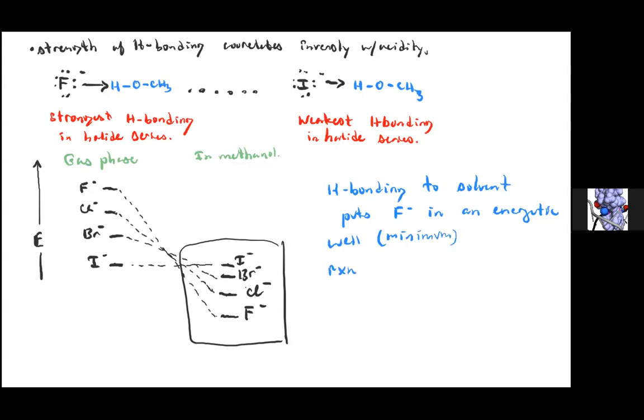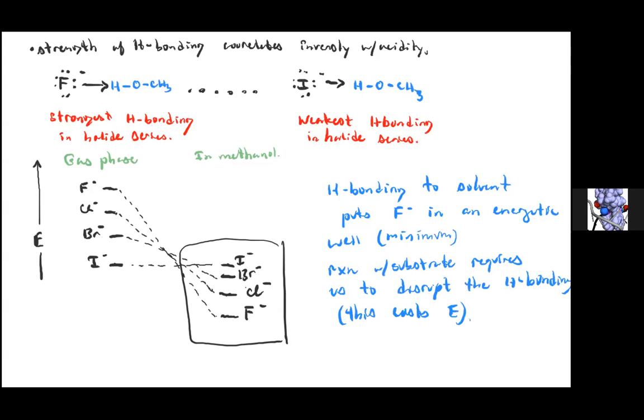Reaction with substrate requires us to disrupt the H bonding, and this of course costs energy. Okay, so in polar protic solvents, I minus is going to be the most reactive halide.